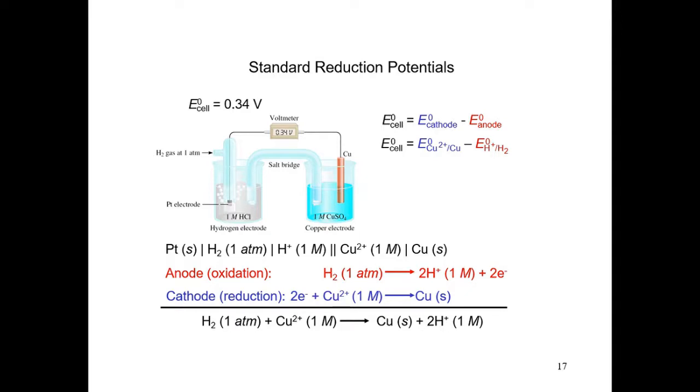Remember that since we are at the anode, we're reversing the reaction, so we had to reverse the sign of the potential. Okay, the potential of the cell is 0.34 volts, and the potential of the hydrogen electrode is 0, because that's our reference. So this tells us that the potential for the copper 2 being converted to copper metal is 0.34 volts.